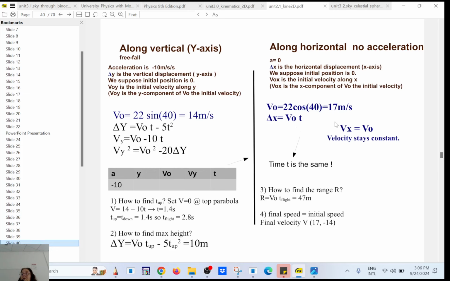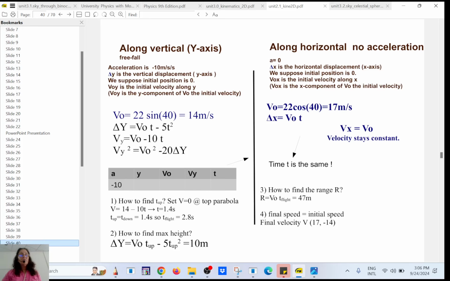The x component stays the same, and along the y, we are back to free fall. When you throw something up, 50 meters per second, and then it's going to be 40, and then 30, 20, 10, 0, and then 10, 20, 30, 40, 50, right?